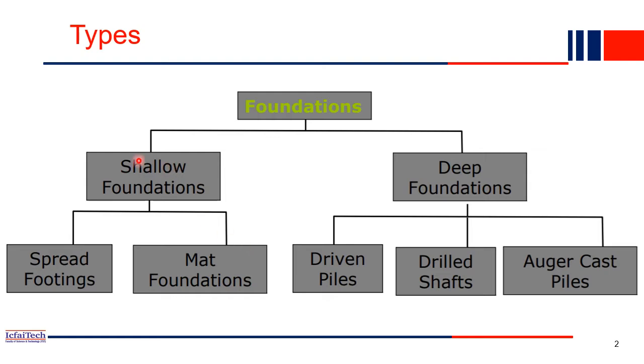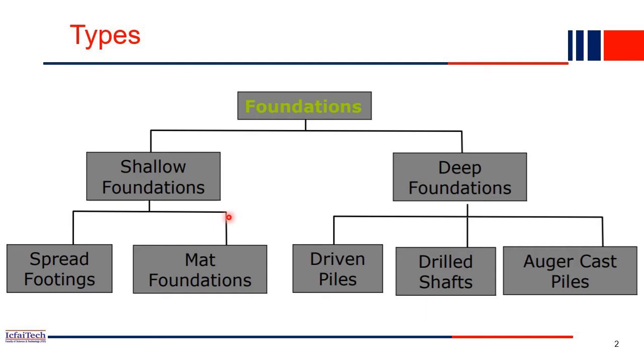Under the shallow foundation, you have multiple types of foundations. One is spread foundation, another is mat foundation. Now you may ask why we need so many types of foundations. Even a simple foundation is fine for giving stability to the structure, but in different cases, maybe you have to construct a structure on a wetland.